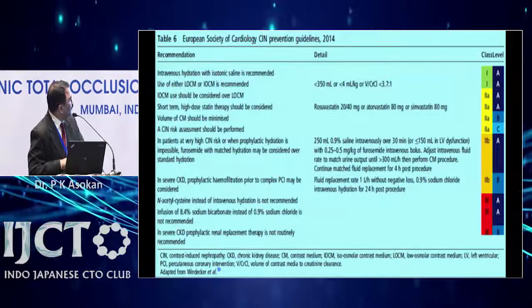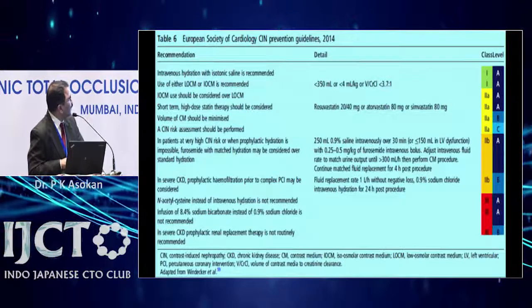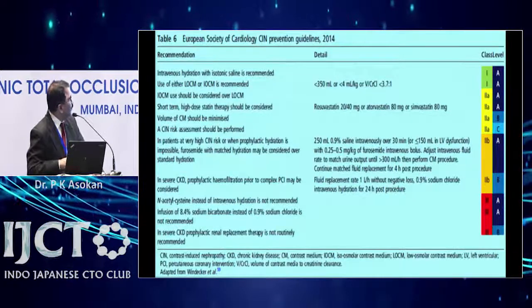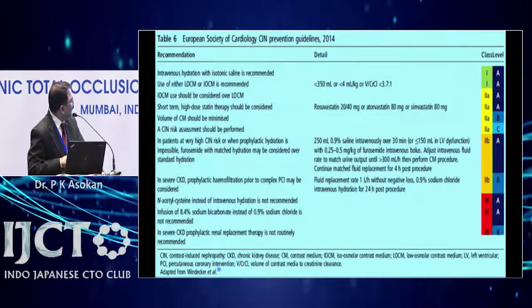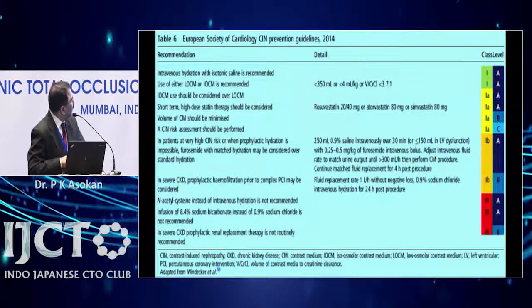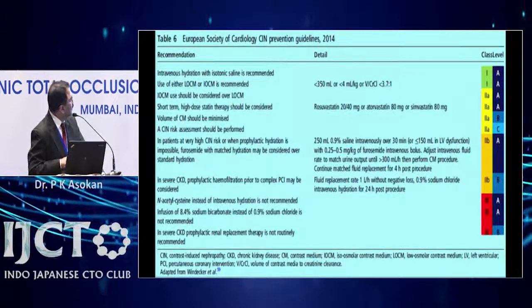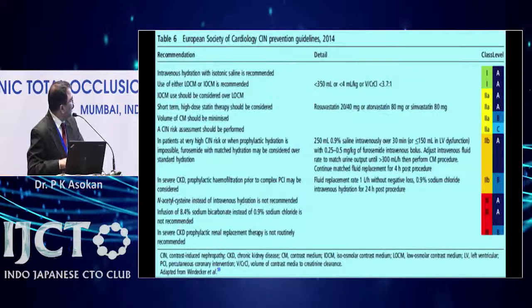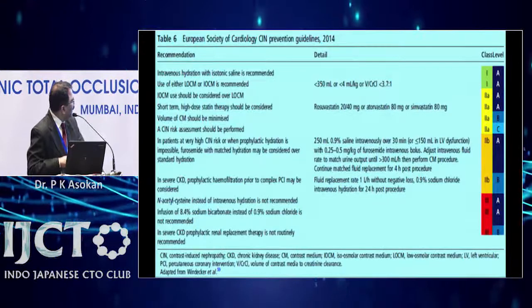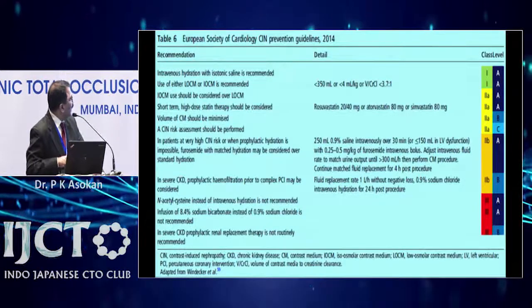Previously it was class 2A, now it's B with level of evidence B. NSAIDs without hydration are not recommended, but high dose NAC with hydration is used sometimes. Infusion of soda bicarb is a class 3 indication. It's not at all recommended. In severe CKD, prophylactic renal hemodialysis has no role.